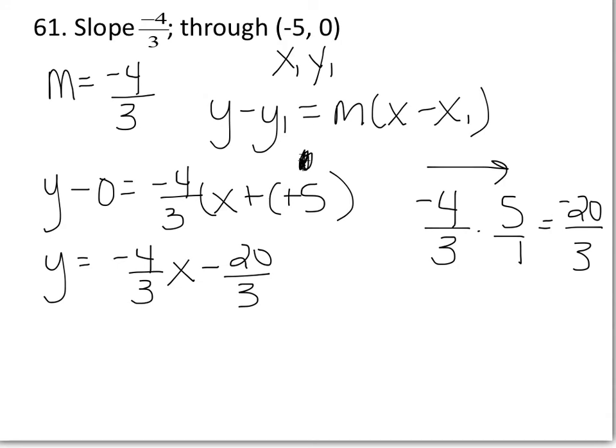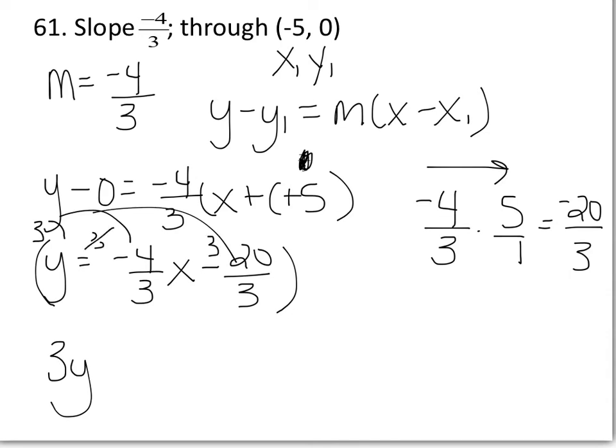Okay, now, in order to get rid of these fractions, because remember, the coefficient with x, which is a, cannot be negative and it cannot be a fraction. So I'm going to multiply everything times 3. So you get 3y, if I distribute here, and then the 3 here, and the 3 here. So this 3 and this 3 cancel, and this 3 and this 3 cancel.